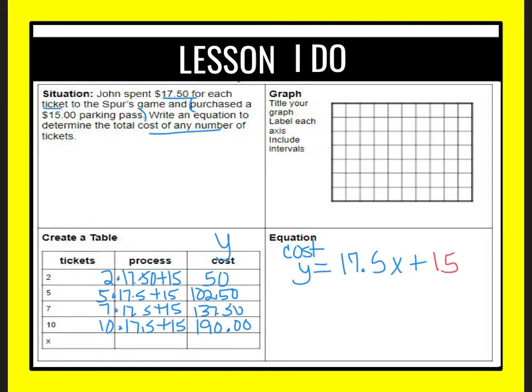So once again, if I look at my x-axis here and my y-axis, and I'm looking at tickets and I'm looking at cost, following the same format that I did, I want to know, and if I were to continue, sorry, let me come back to my table. If I would have 0 tickets according to this process, that means 0 tickets would have cost me $17.50 times 0, which is just 0.